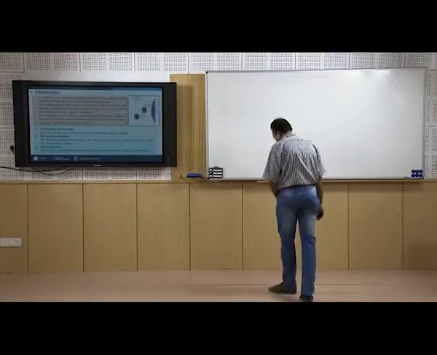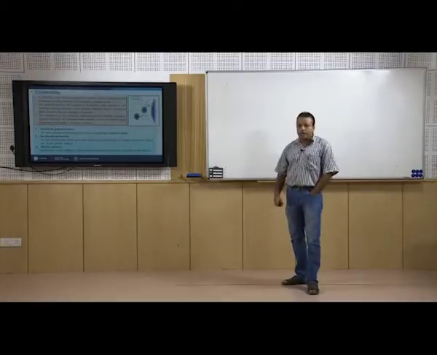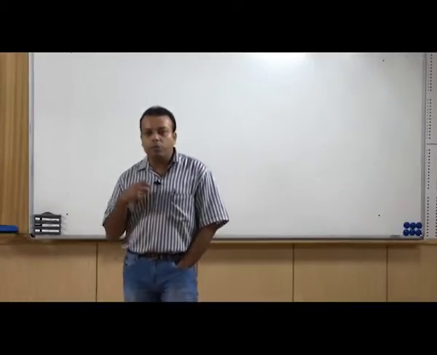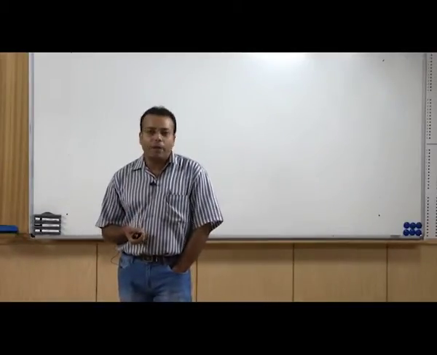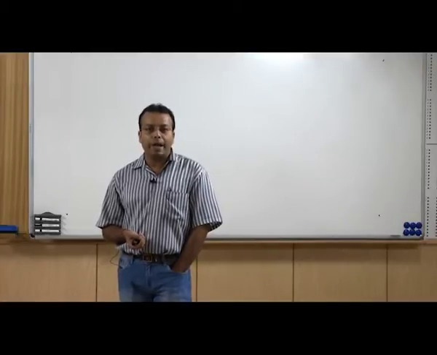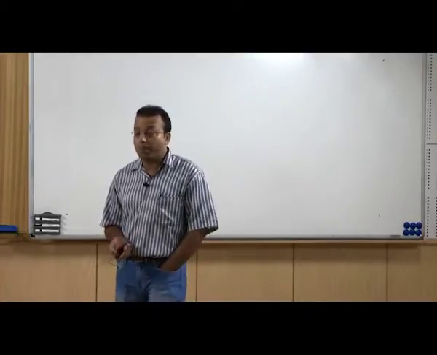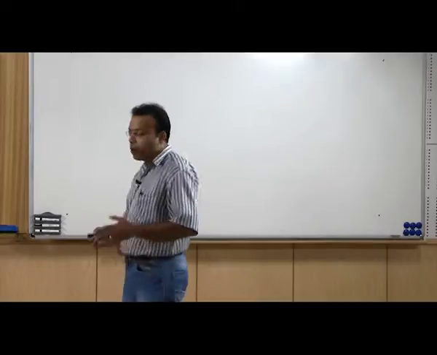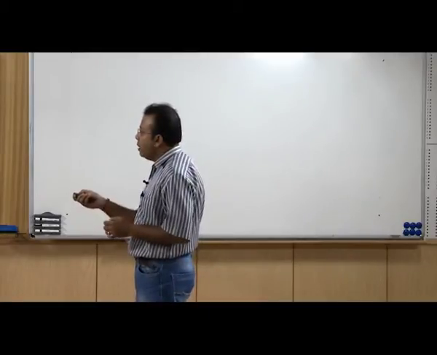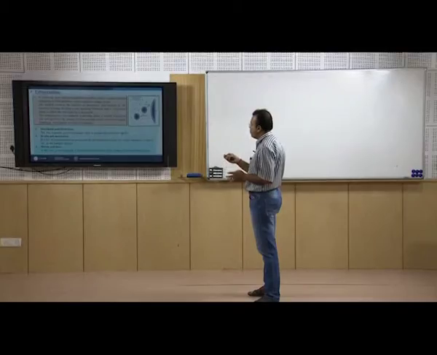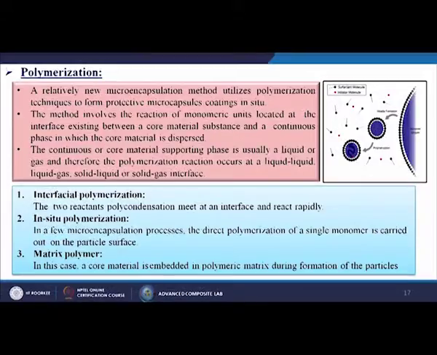Next is called the simple polymerization method. It is also a widely and most easily used method by which we can do the coating of our nanofillers or maybe any kind of core materials. So, what does this process tell us actually? A relatively new microencapsulation method utilizes polymerization techniques to form protective microcapsule coating in situ.